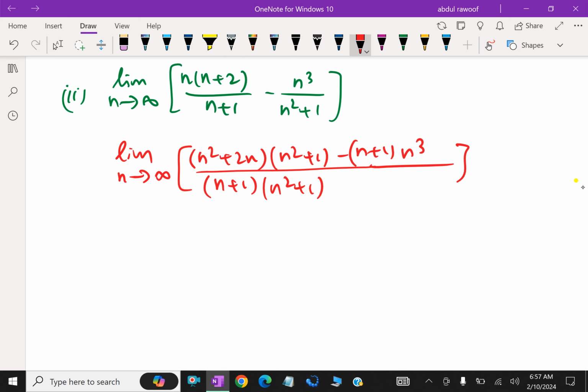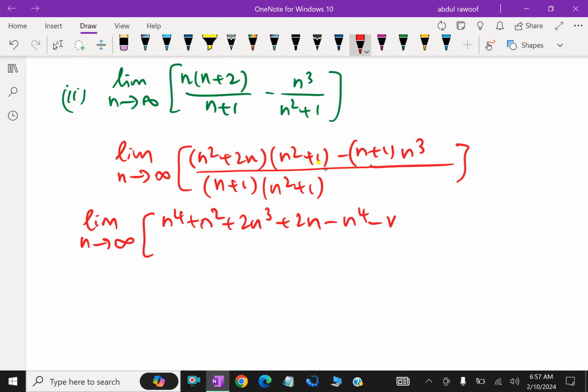Here, opening the bracket, limit n tends to infinity. Here, n squared plus n squared is n power 4. n squared into n squared plus 1 gives n power 4 plus n squared, plus 2n cube plus 2n. Here, minus n power 4 minus n cube, over n cube plus n square plus 1.